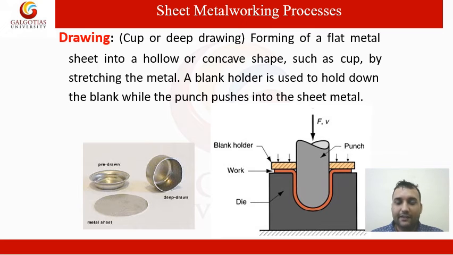Here in this diagram, the punch is placed above the workpiece, and then the punch is forced through the workpiece, and the workpiece is converted into the shape of the die. On the left side, we can see plates and cup shapes drawn using this working process.